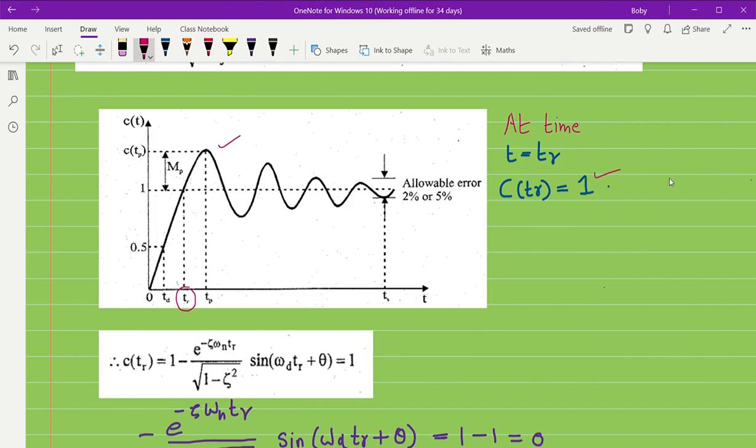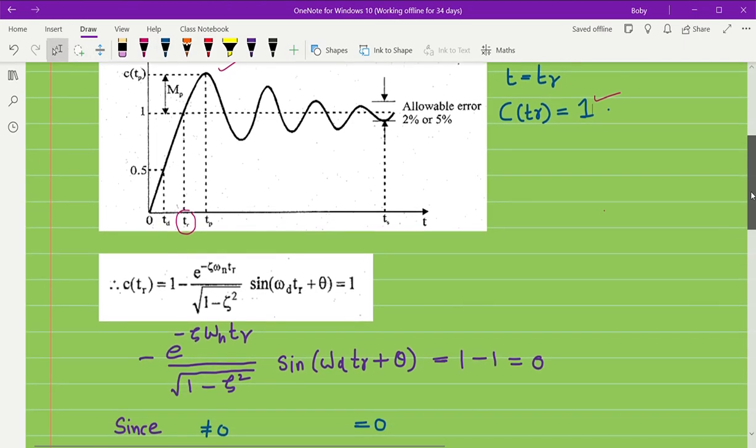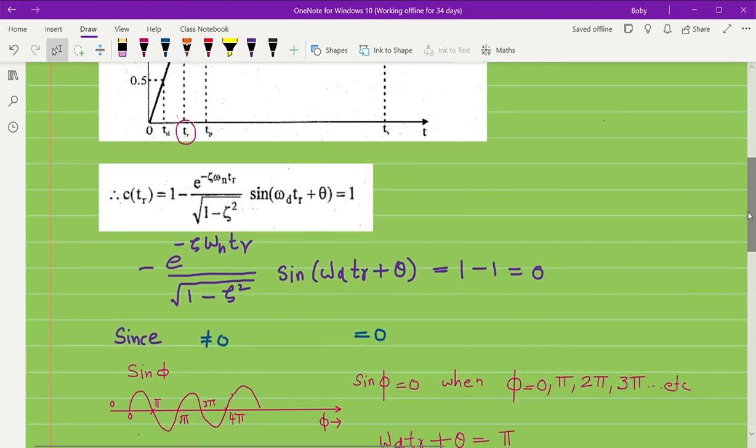From this concept, we are trying to derive the expression for rise time.